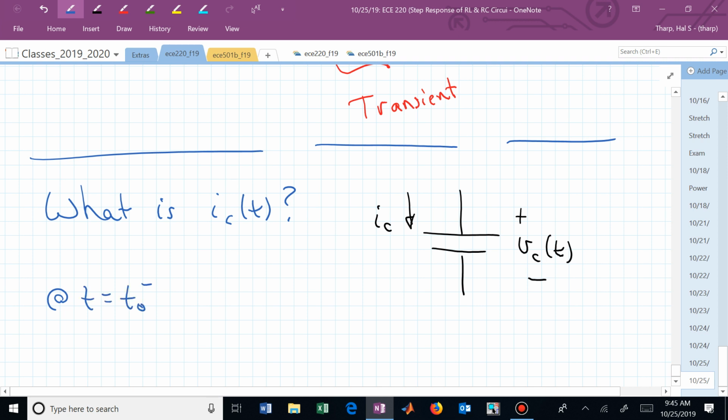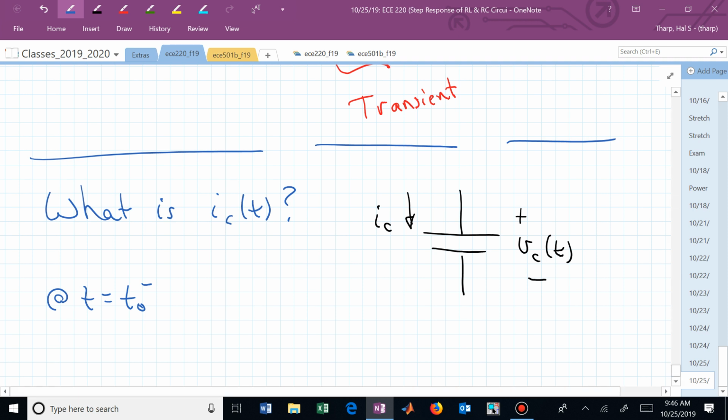Just to the left of, or right before we open that switch, what is the current associated with that capacitor? Or what's the capacitor doing before we open the switch?